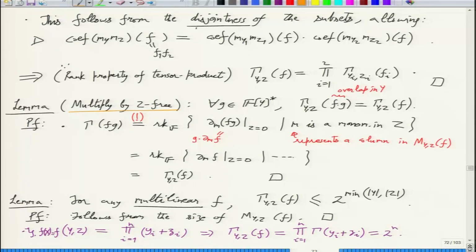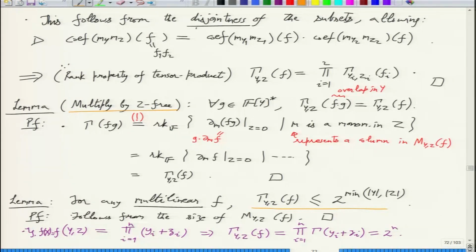And finally, we showed that the measure never exceeds 2 raised to min of y, which is the number of rows, or 2 raised to min of z, which is the number of columns. So the minimum of rows and columns gives you the upper bound on the rank.